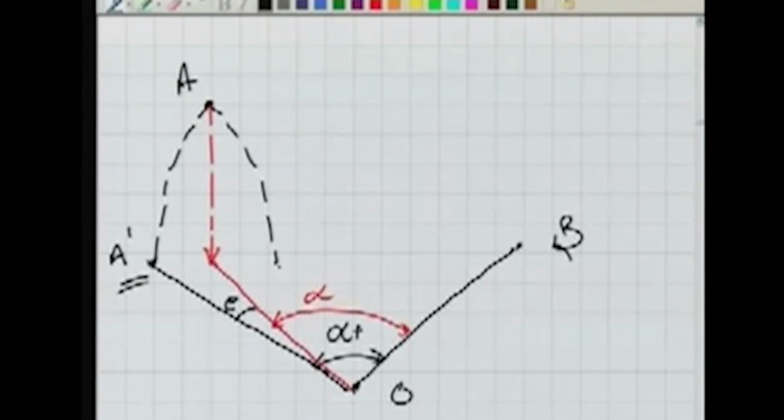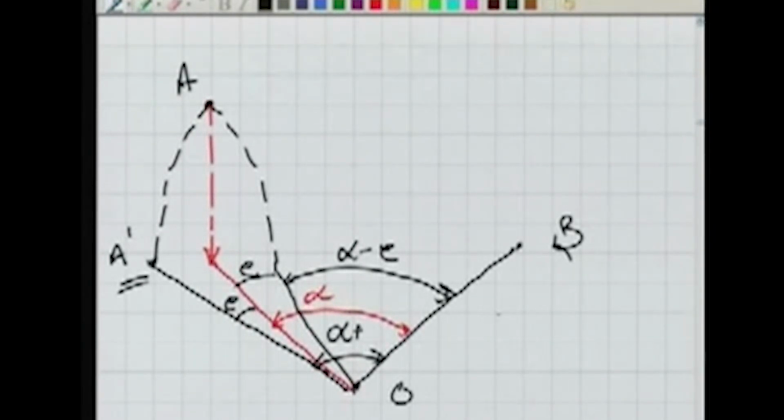After bringing it down, I rotate my line of sight, bisect B, and measure the angle. Again this error will be E. Let us say the angle I measure is alpha minus E. In the earlier case I had measured alpha plus E.